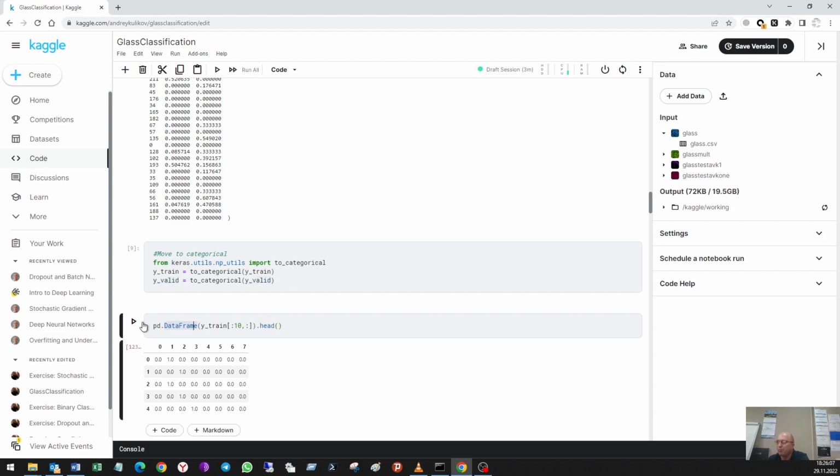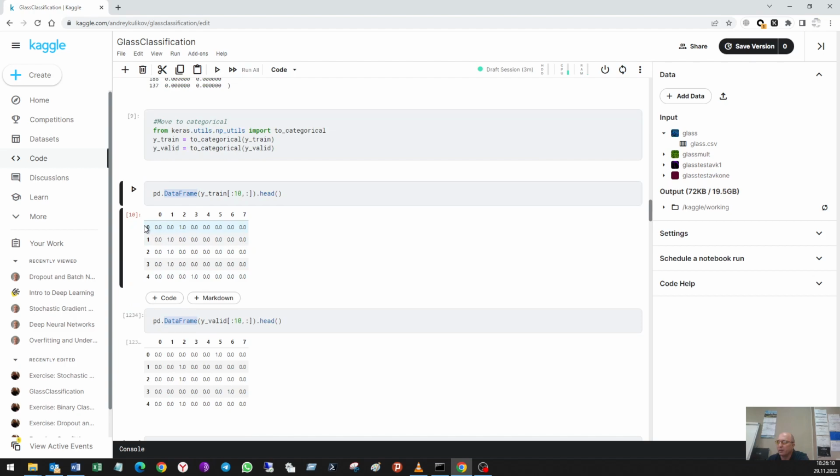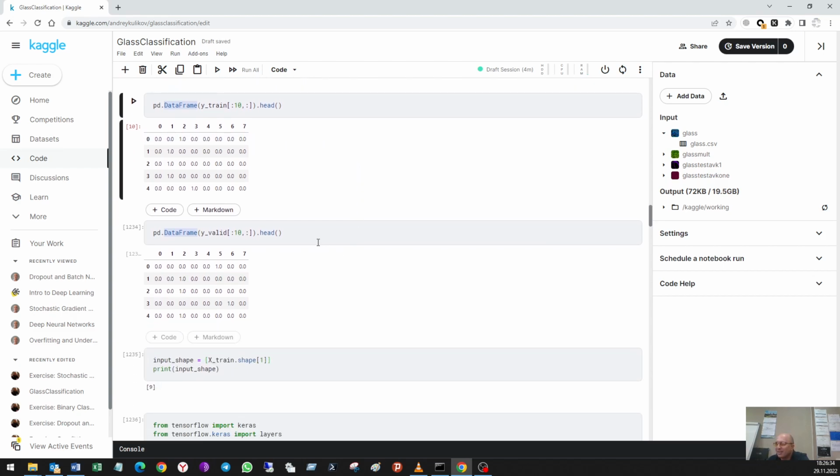It became in such a variant. Before it was 2, but now it is 0, 0, 1, 0, 0, 0, 0, 0. And the other tests are the same.